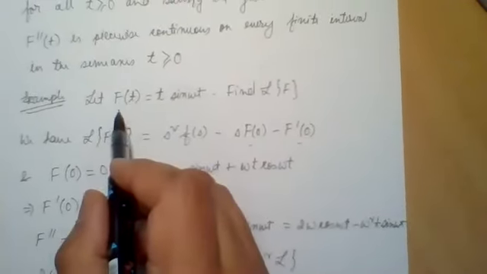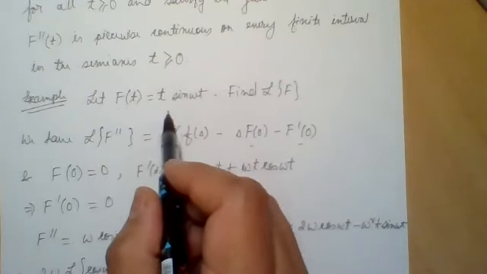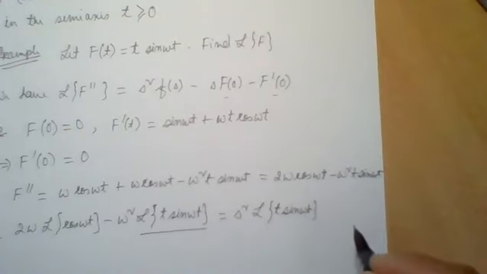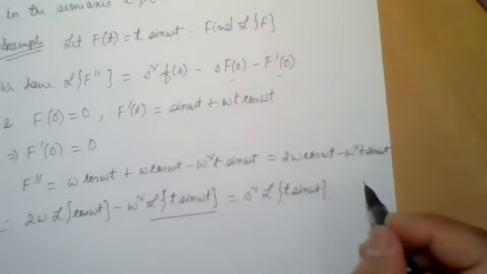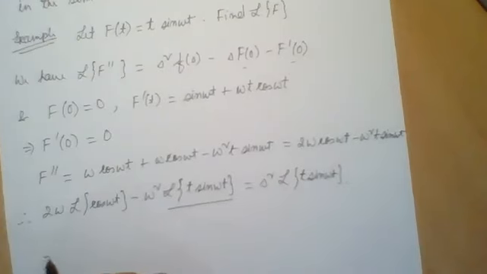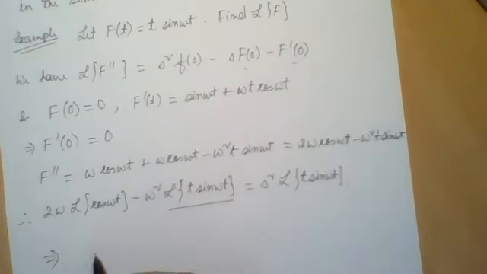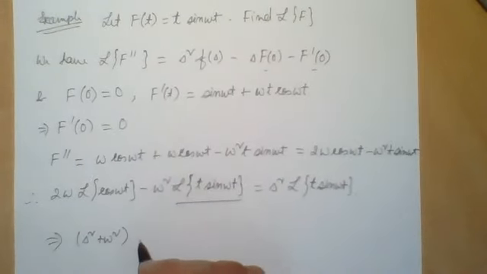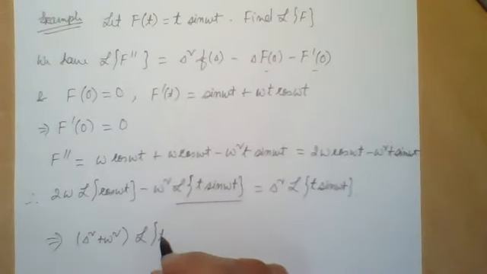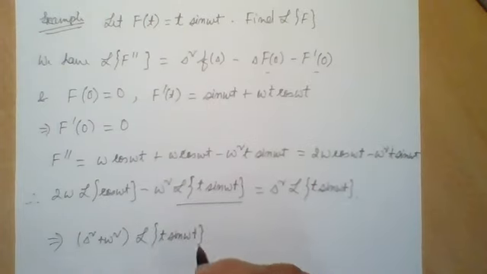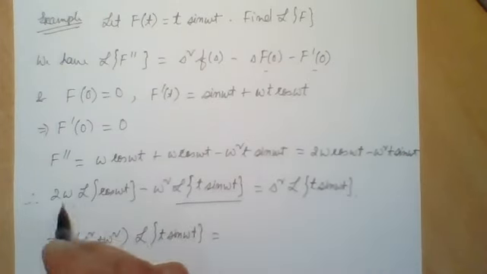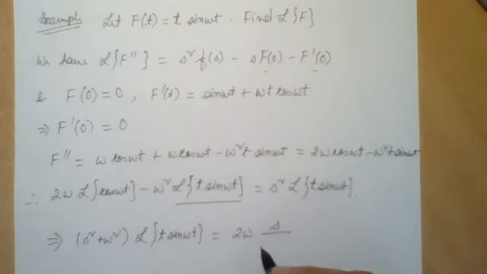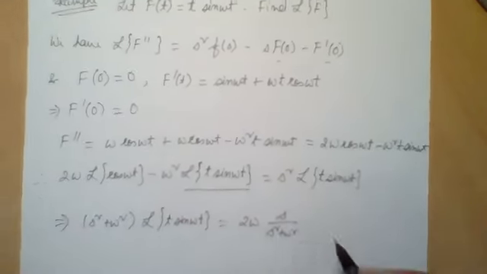F of s is the Laplace transform of f of t, that is, the Laplace transform of t sine omega t, minus 0. These terms are 0. So you can combine these two terms, and this implies s square plus omega square times the Laplace transform of t sine omega t is equal to twice omega times the Laplace transform of cos omega t, which is s divided by s square plus omega square.